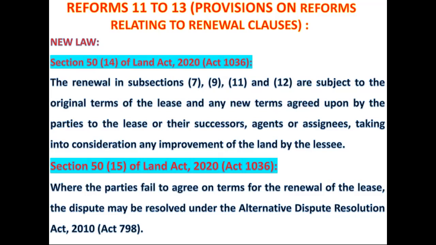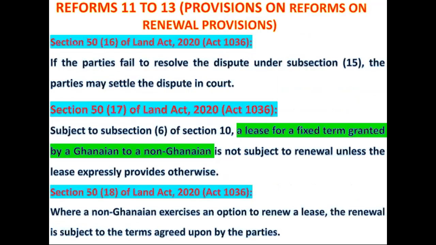If after 70 years they are renegotiating and we cannot agree on the amount of money you are going to charge for the place, it may be resolved under the Alternative Dispute Resolution Act, which is very important because over there, we are not going to waste time. ADR is very fast as compared to court. But if you are the parties and you fail to take advantage of the ADR mechanism, the answer is there for you under section 50, subsection 16.